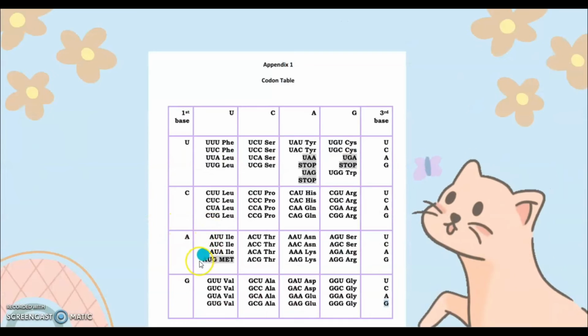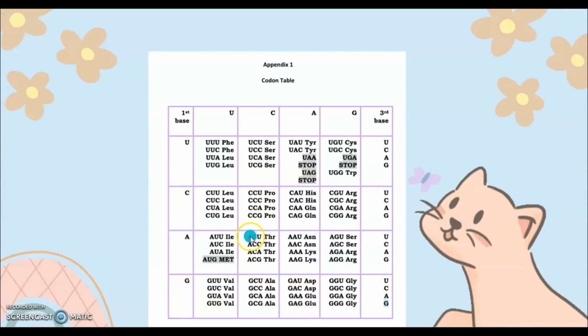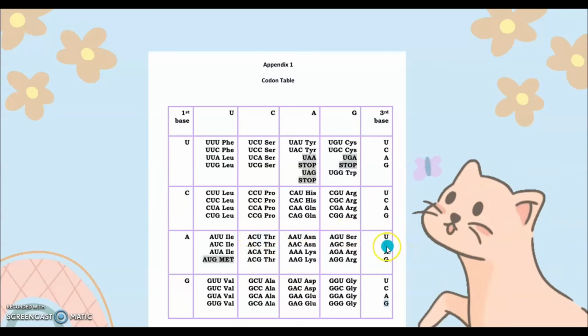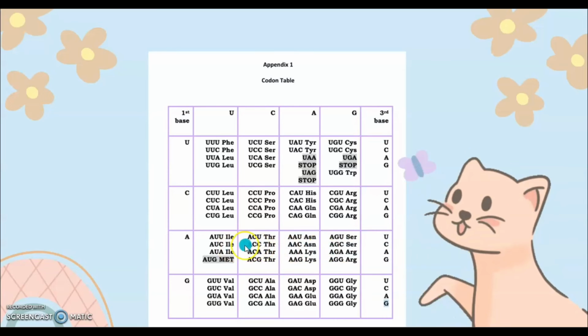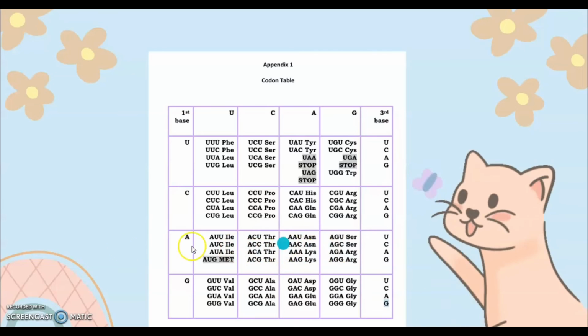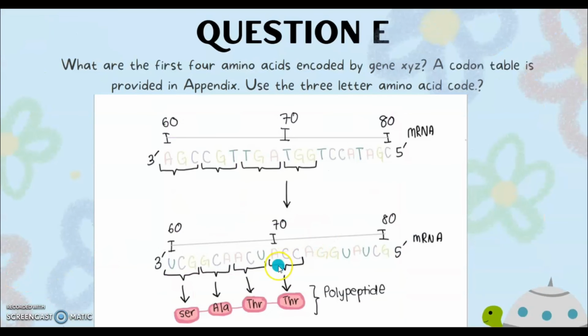First base A, second base, look at this column C, and the third base is also C. We move to this row C. ACC also forms threonine. So the first 4 amino acids encoded by this gene XYZ are serine, alanine, threonine, and the last one is also threonine. And this is a polypeptide chain. That's all from me.